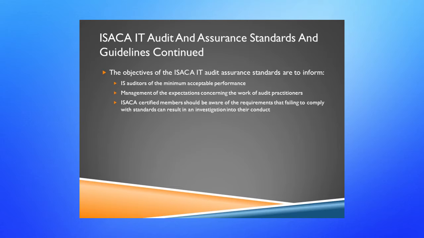Now, as we talk about these standards, I'm going to just give you the standards that ISACA has for IT audit and assurance. They are to inform the IS auditors of the minimum acceptable performance. These objectives and standards are designed to inform management of the expectations concerning the work of the audit practitioner, and to inform the members that they should be aware of the requirements and that failing to comply with these standards could result in an investigation into their conduct by ISACA.